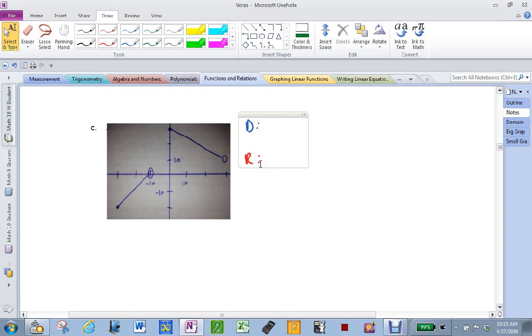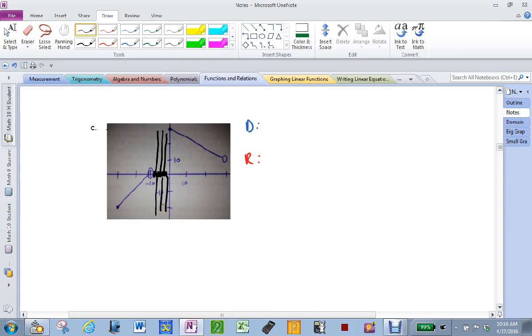What's weird about it? Why is it not easy? There's two separate lines, which means there must be what? Two domains. Because there is no input between where and where. There's no input there because, as you can see, there is no output there.